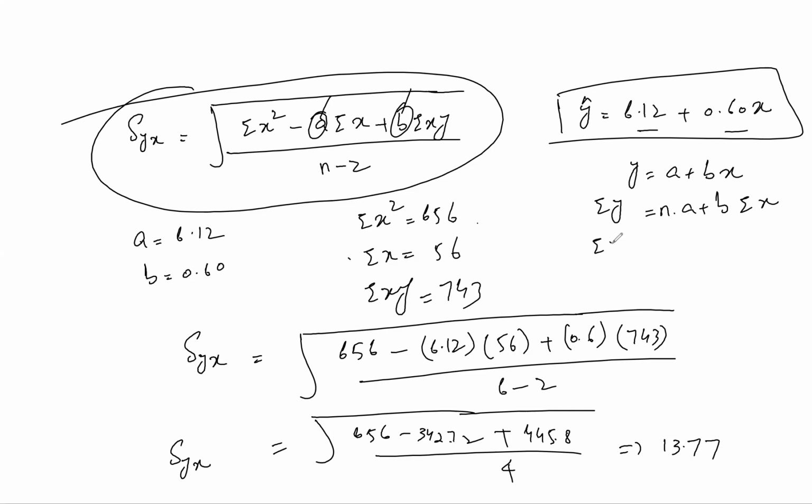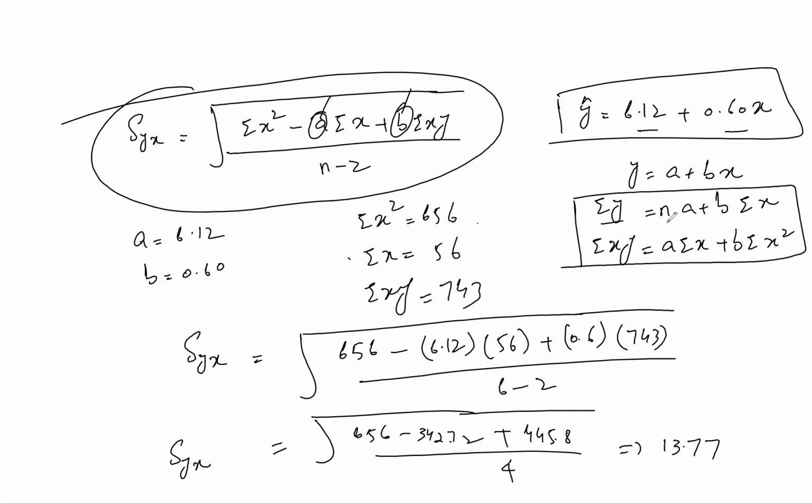Then we multiply by x, it becomes sum of xy equals a sum of x plus b sum of x square. We substitute the values into these equations, sum of y, n, sum of x, sum of xy, sum of x square, and then we solve these two equations for a and b.